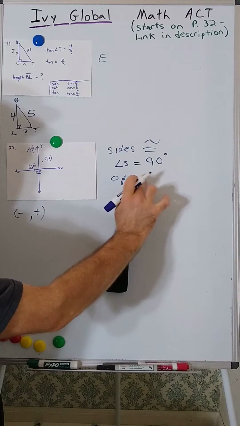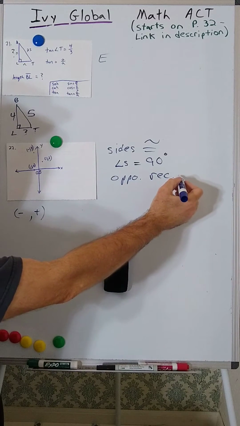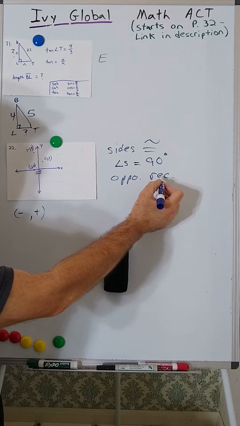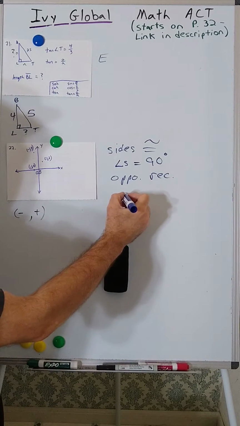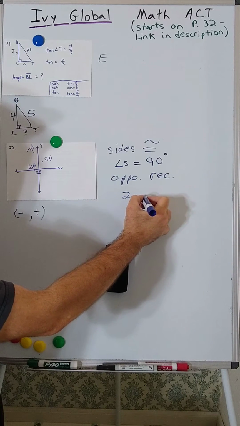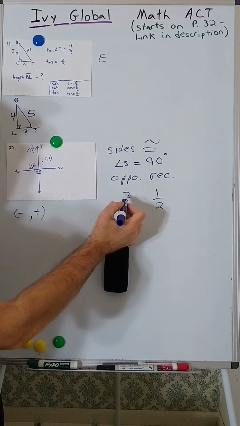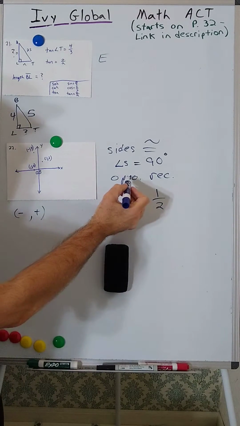So opposite reciprocal slopes. Opposites means they have different signs. Reciprocal is two numbers whose product is 1. So let's see. 2 times 1/2 is 1, but they also have to be opposite.